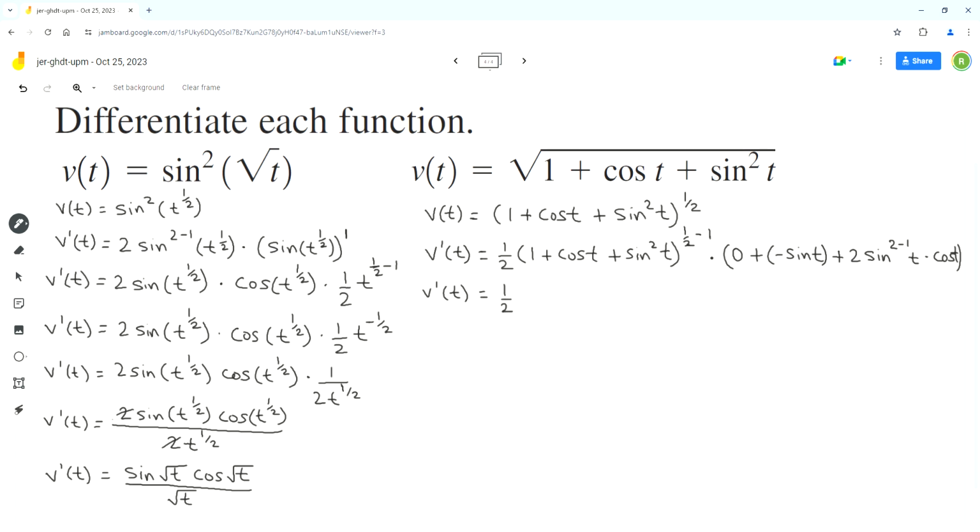So in the exponent, half minus 1 is negative half. And the second part, the 0 goes away and we get negative sine t. And then the exponent on sine is 1, 2 minus 1 is 1.